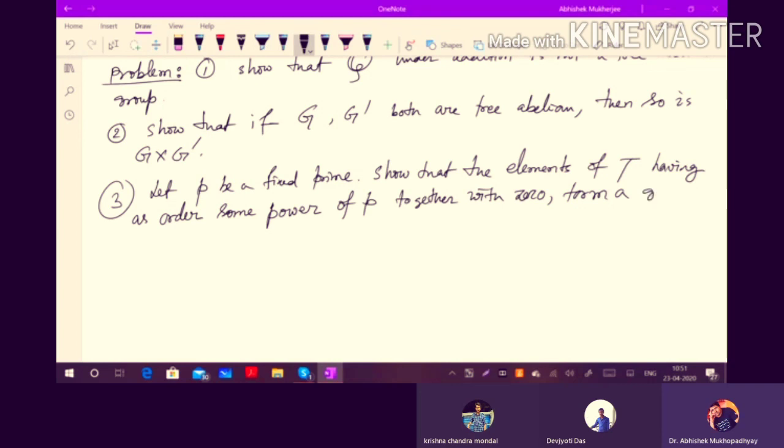Form a subgroup which is denoted by Tp of T.